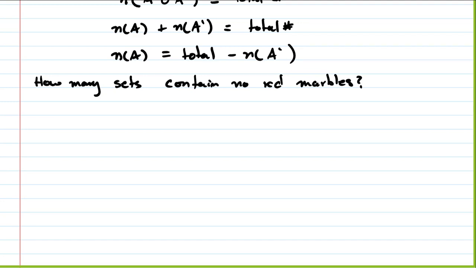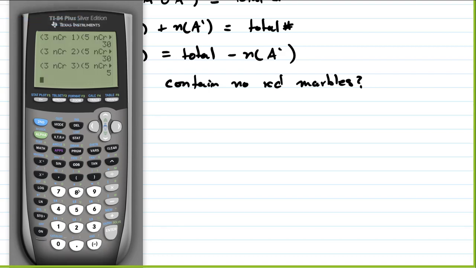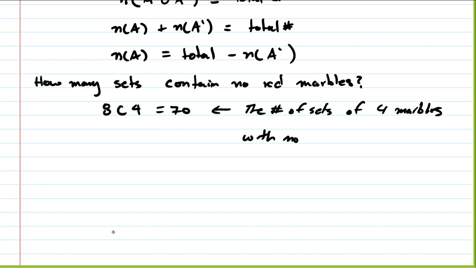So how many sets contain no red marbles? Well, that would be, of the 8 marbles, what are we going to choose? Well, how many marbles are we choosing from the not red? Well, we're making sets of 4 marbles. So if we go 8 choose 4, we get 70. So this is the number of sets of 4 marbles with no red.